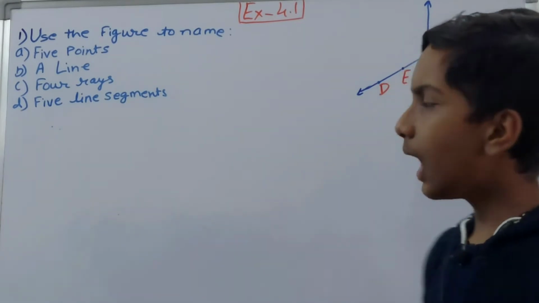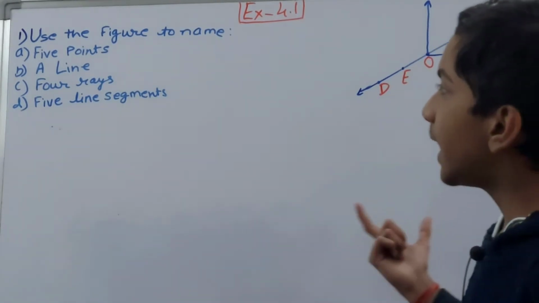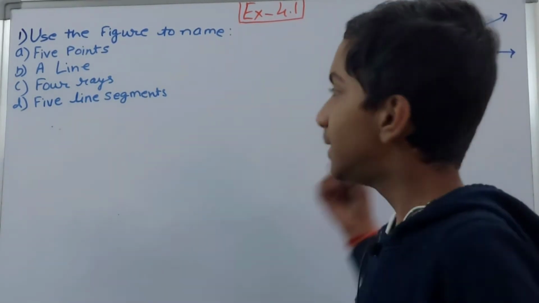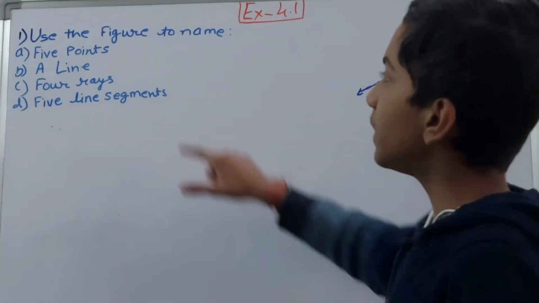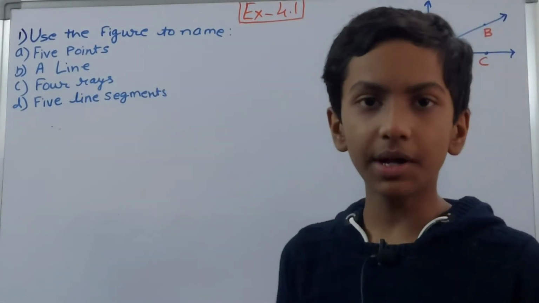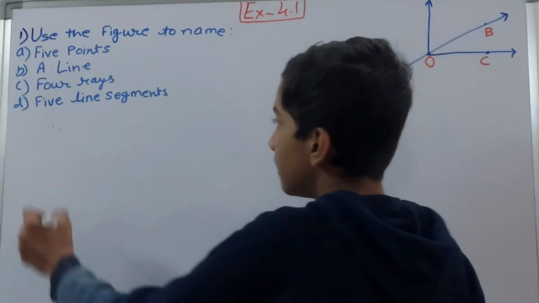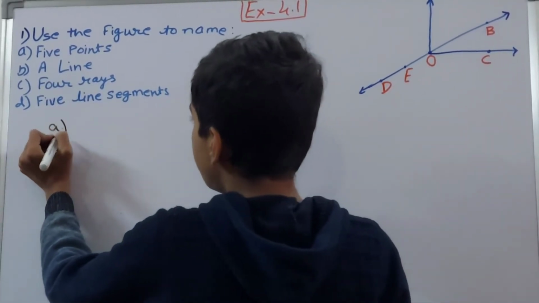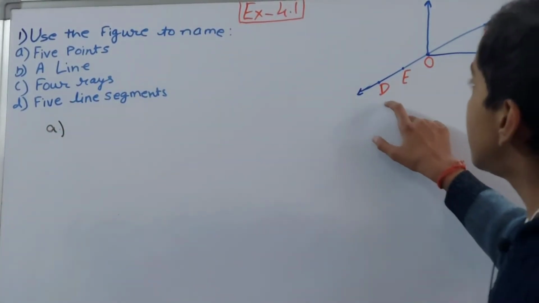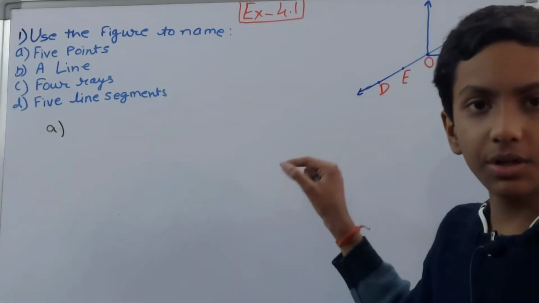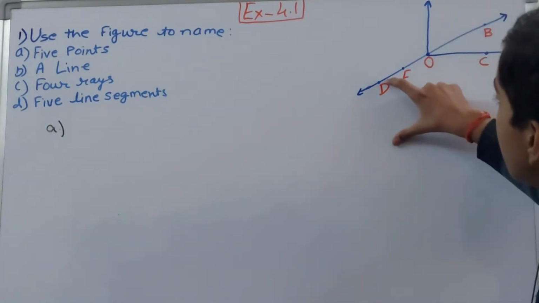Now we will see how to mark a line and points using this figure. First we have 5 points. It is very easy. Points are basically dots. If you see in this figure, wherever a capital letter is written, there is a dot.